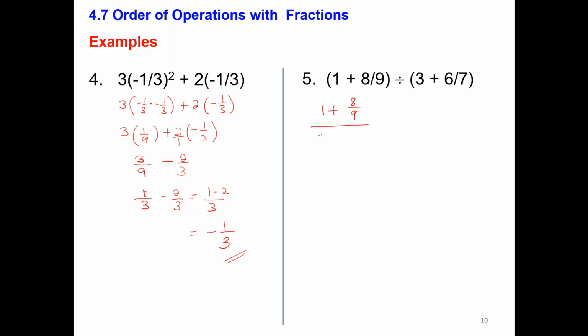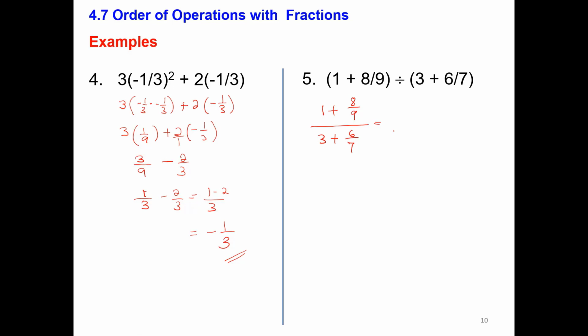Divide by 3 plus 6/7. And in this case, what we have to do is solve the operations we have in the numerator. Then we solve what we have in the denominator, and finally we divide. And this is the way we will solve this.